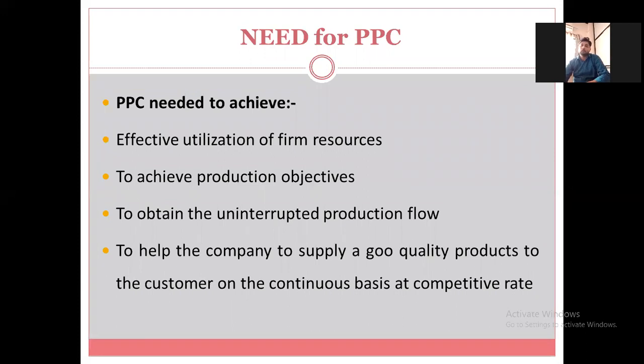So you will get a competitive price if you implement all the methodologies of production planning and controlling in your company. For that reason, the PPC department is the most important department in industries. So write down need for PPC.